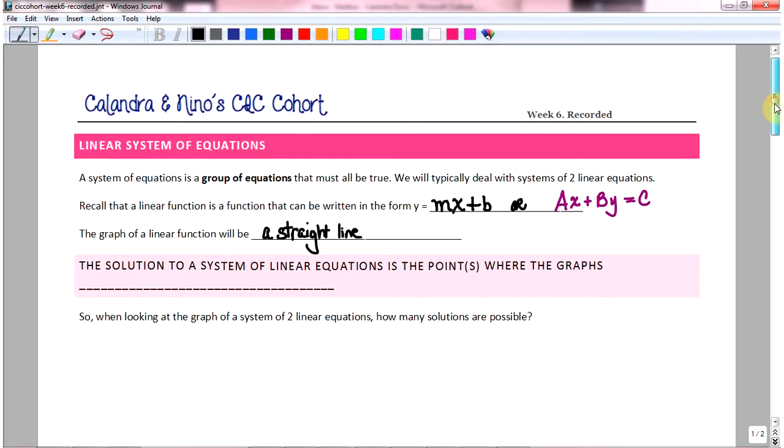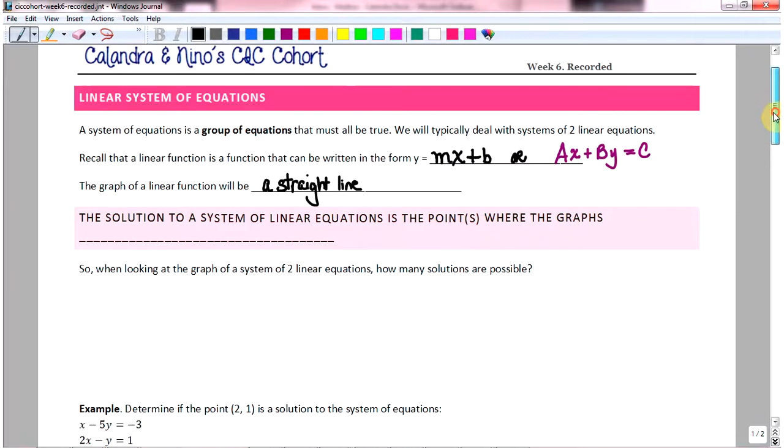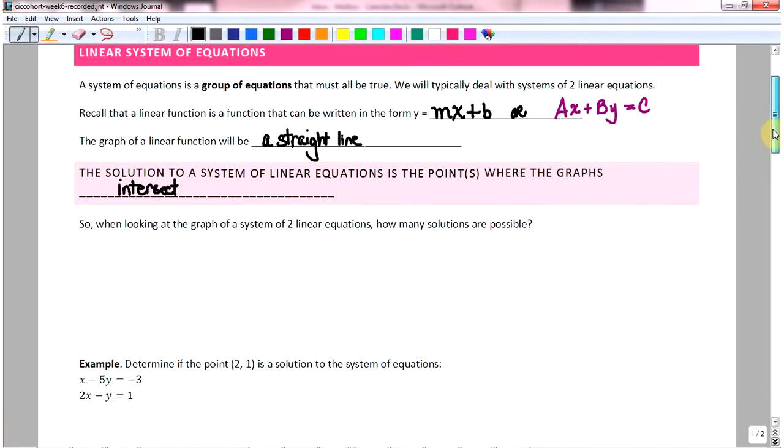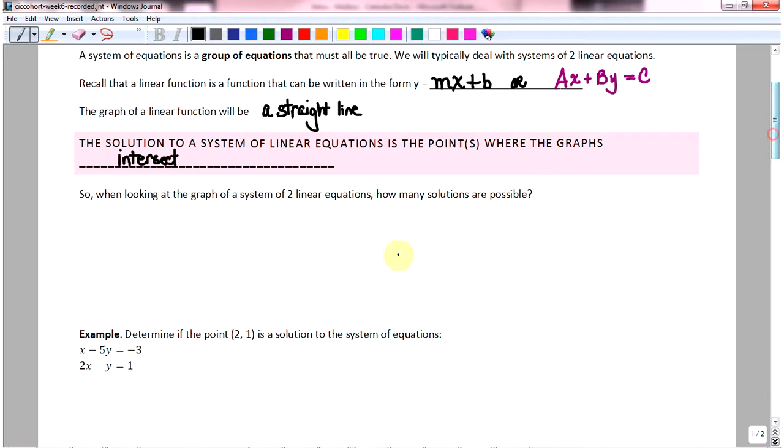The solution to a system of linear equations is the point or points where the graphs intersect. So when looking at the graph of a system of two linear equations, how many solutions are possible?